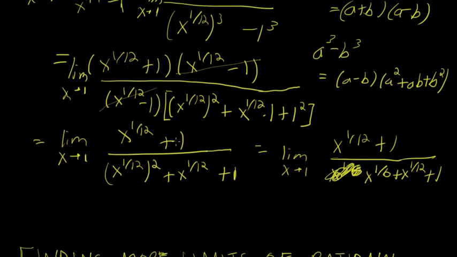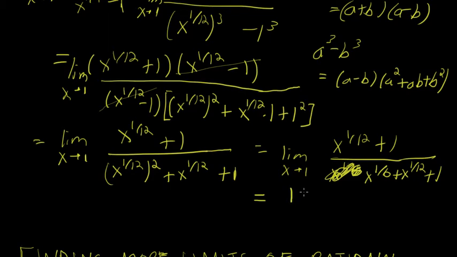And if we find this limit, as x gets really close to 1, what's the 12th root of 1? X to the 1/12 is the same thing as the 12th root of 1. And that's 1, because asking what x to the 1/12 is, is the same thing as asking what you have to multiply 12 times to get 1. Well, if you multiply 1 by itself 12 times, you will still get 1.